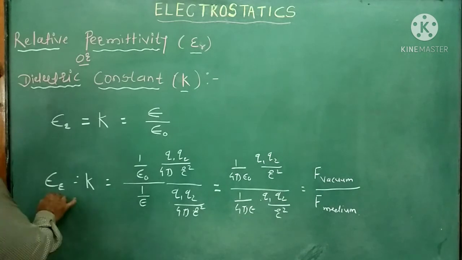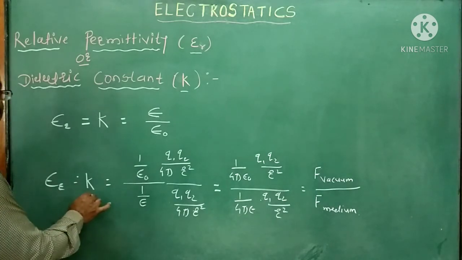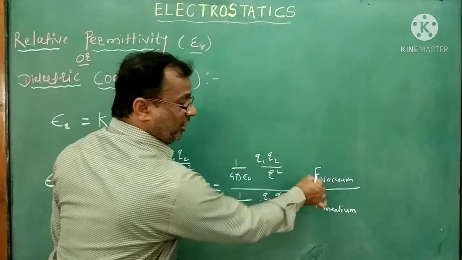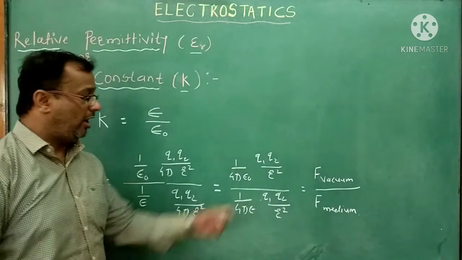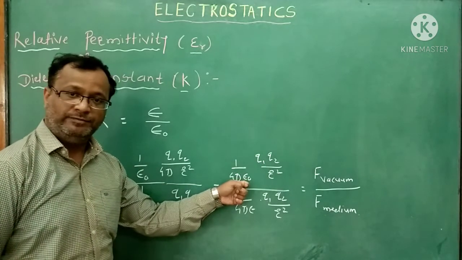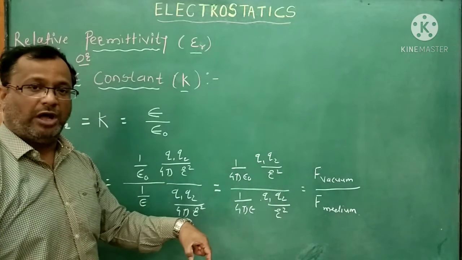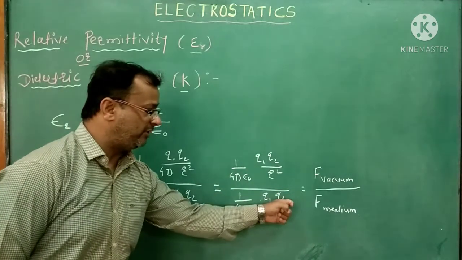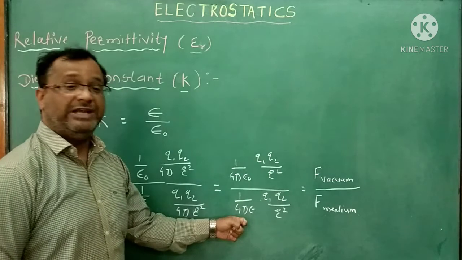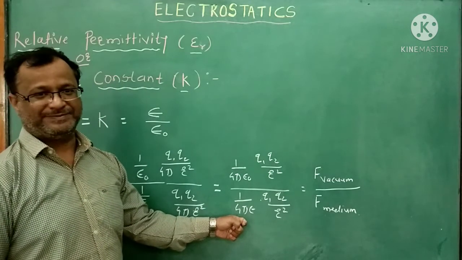Relative permittivity or dielectric constant is the ratio of the electrostatic force between two electrical charges in vacuum to the electrostatic force between the same electrical charges in a medium.